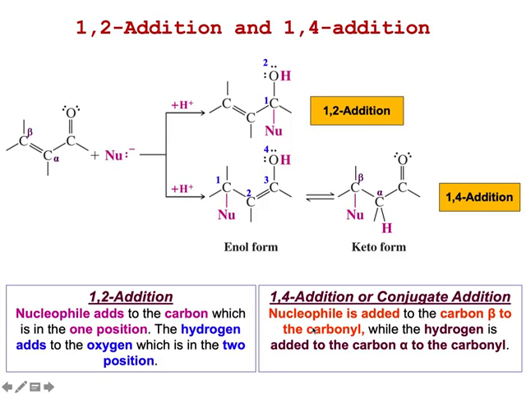Okay, look at here. This one is alpha beta. We have a double bond, we have a C double bond O. So nucleophile, in the presence of acid, here you get the 1,2 addition.